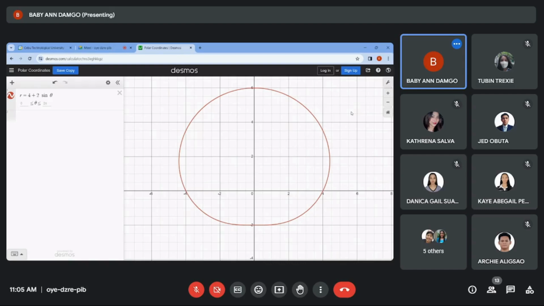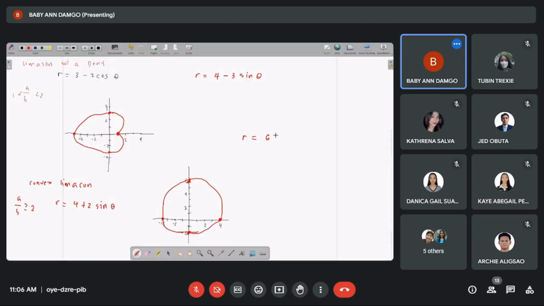Sige. Practice. So we have R is equal to 6 plus 2 cosine theta. Okay?